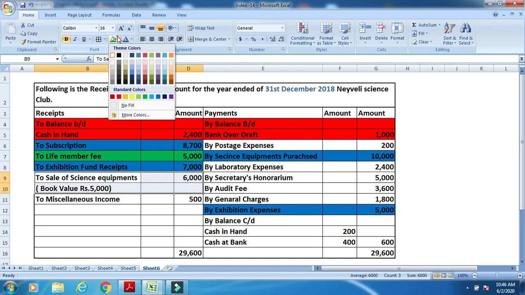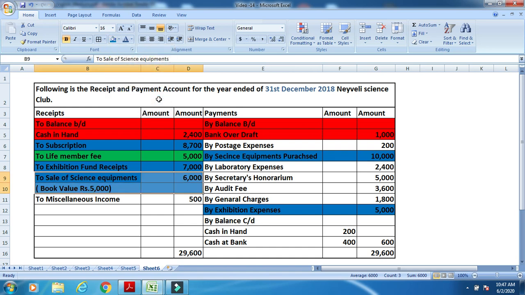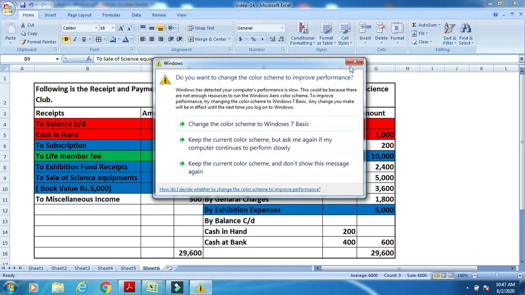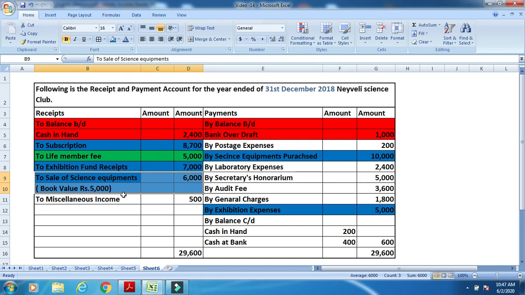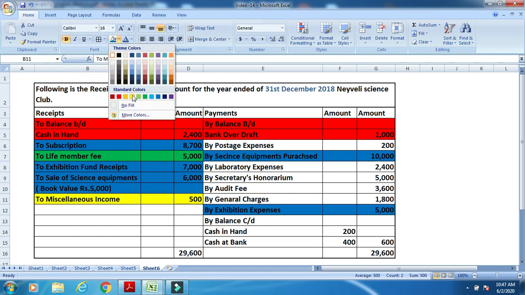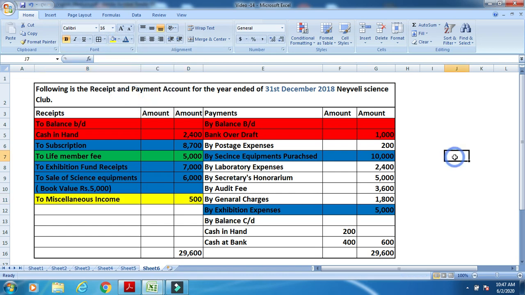we have an adjustment. The result of the sale of science equipment is considered in the income and expenditure account.